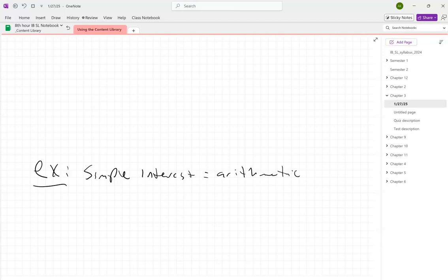Other types of interest or depreciation or growth or decay or anything else like that is going to be geometric. So the simple interest formula is that your account value is equal to principal plus the principal times the interest rate times time.